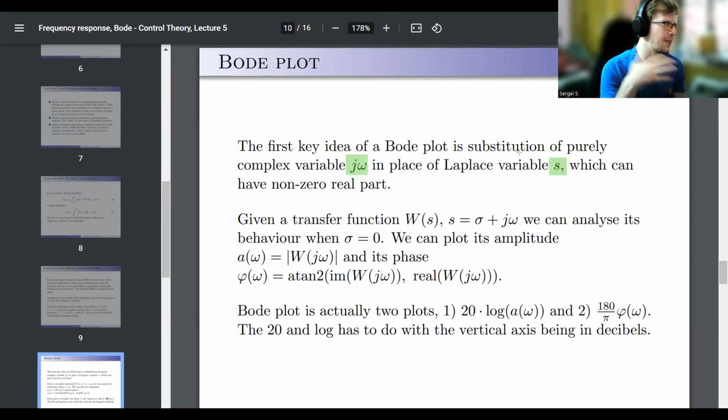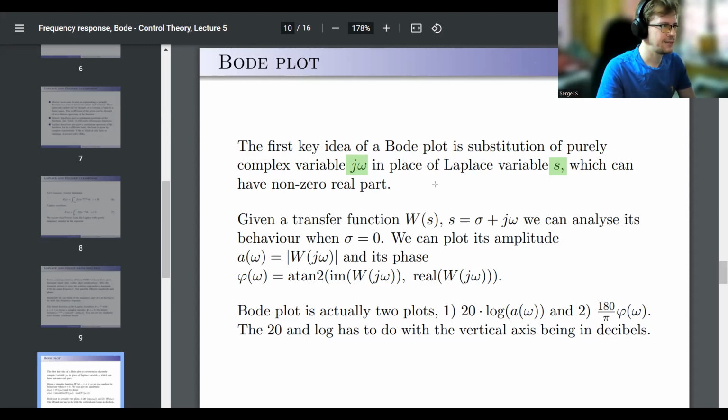And to my mind, this is one of the reasons why people used this so much, because in the era before computers, you could do this math, which allows you to deal with differential equations as fractions, expand them, and solve them by using tables. Essentially, like inverse Laplace transform, you just look up a table.